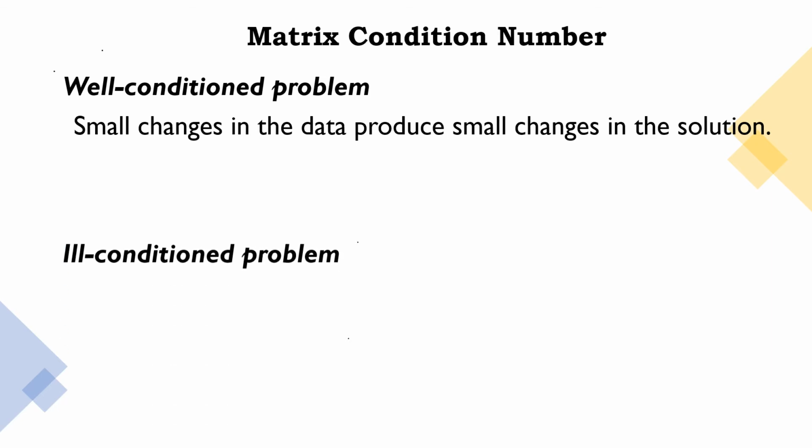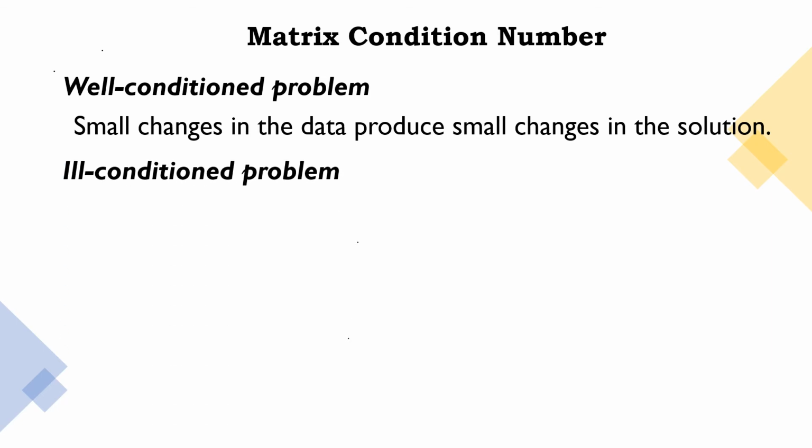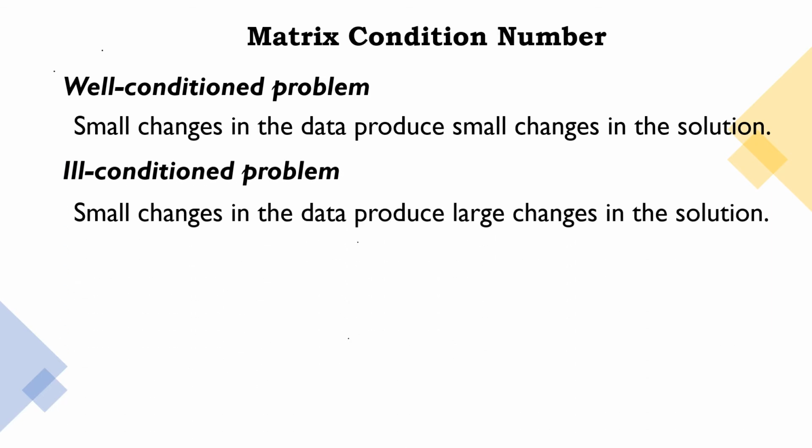On the other hand, if we talk about an ill-conditioned problem, small changes in the data produce large changes in the solution. Even if you just add 1 to a specific element in a matrix, say for example, the original element is 1 and you made it 2, and it really affected the solution vector largely.